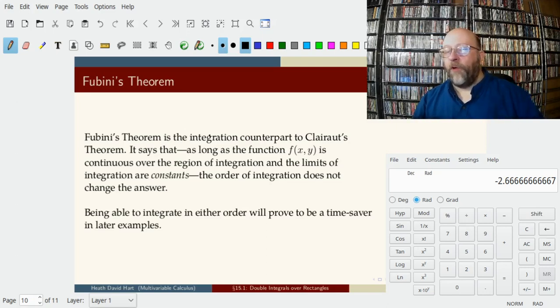We talked about Clairaut's theorem last week. That when we took the derivative with respect to two variables, the order didn't matter as long as the function is continuous, as long as we don't have certain problems with continuity, and as long as the limits of integration are constants. Then the order of integration doesn't change the answer.